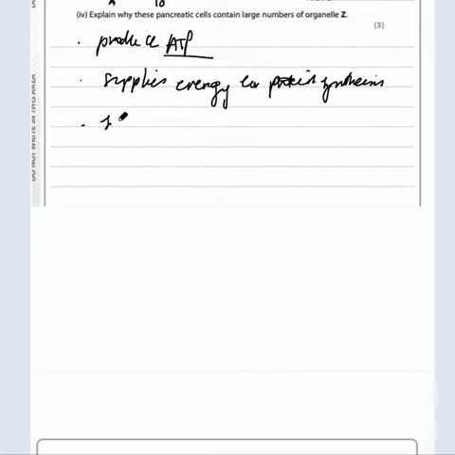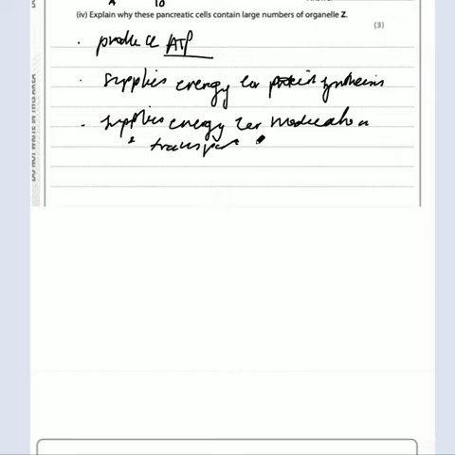So it also supplies energy for modification and transport of proteins.